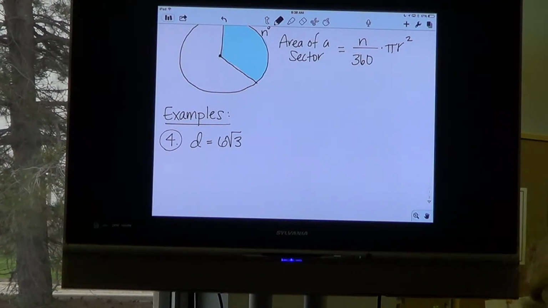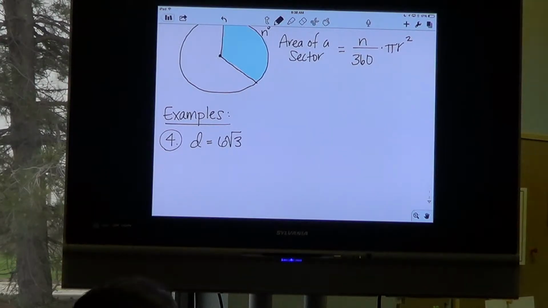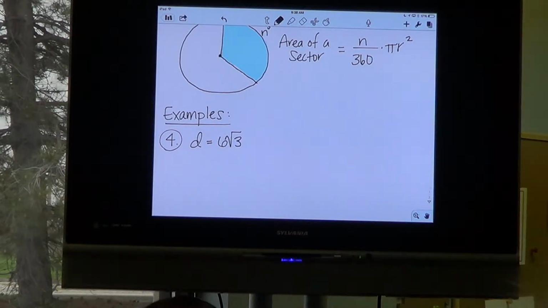We could use either 2 pi r or we could use pi times the diameter, because 2r would equal the diameter. With area, there's not an easier way to do that, so if we're given the diameter, we're going to divide it by 2 in order to find the radius to use in the formula. So if the diameter is 6 root 3, what is the radius?